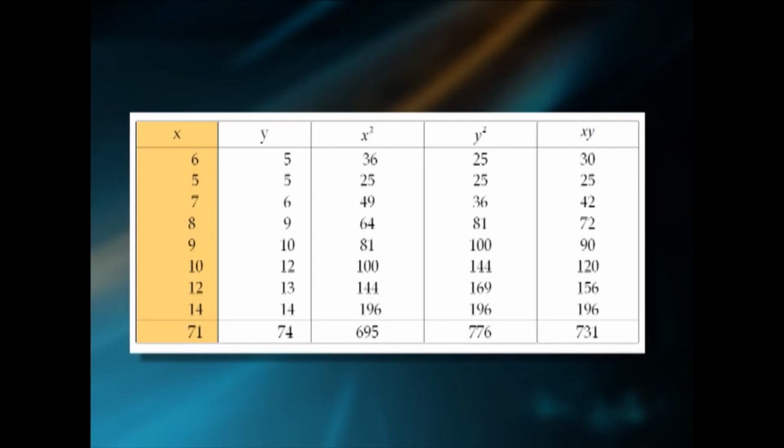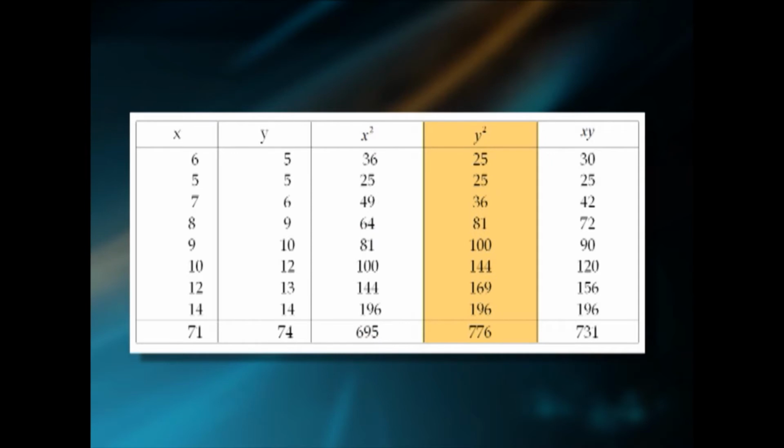X values 6, 5, 7, 8, 9, 10, 12 and 14 with a sum 71. Y values 5, 5, 6, 9, 10, 12, 13 and 14 with a sum 74. X square values 36, 25, 49, 64, 81, 100, 144 and 196 with sigma x square 695.